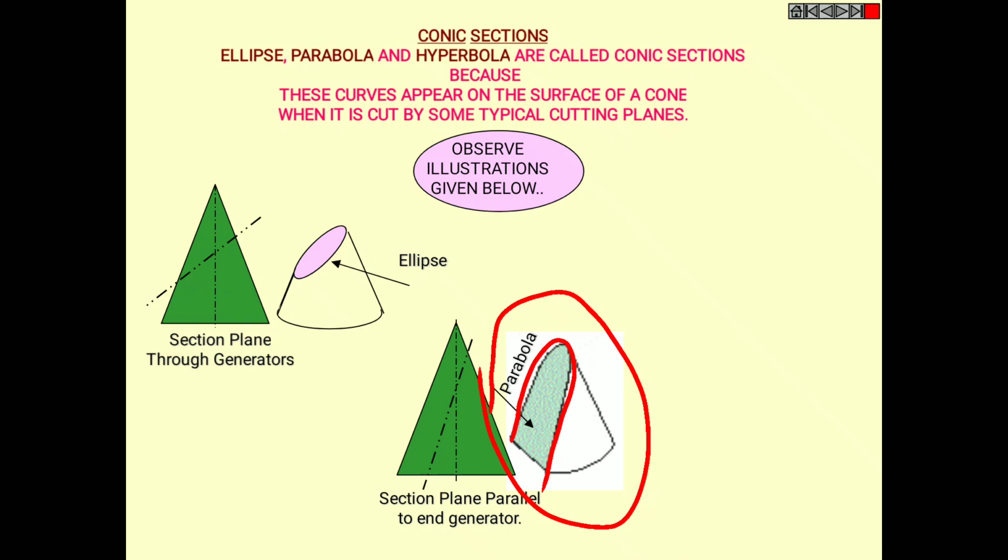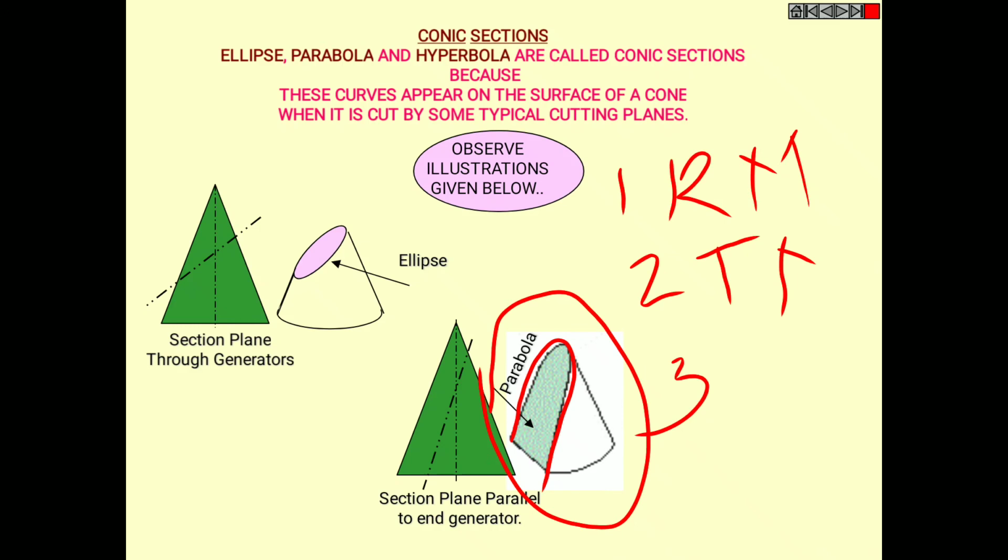Okay, so in this parabola we have three methods. One is rectangle method, the other is triangle method, and the other is basic locus method or directrix focus method.